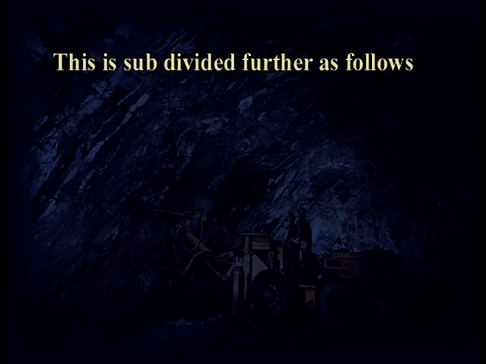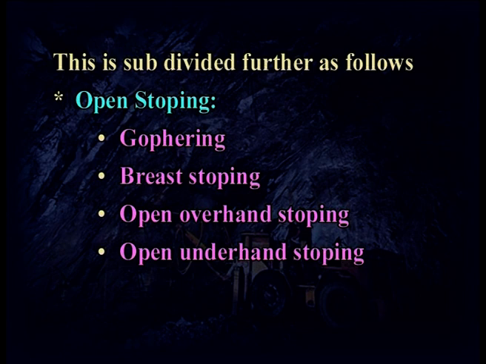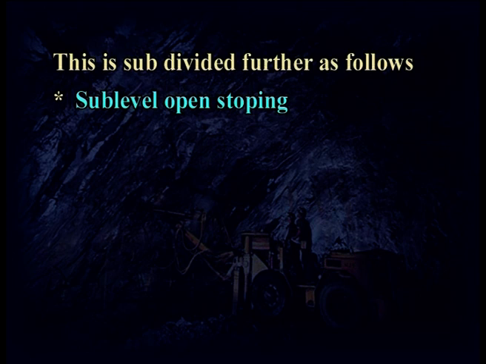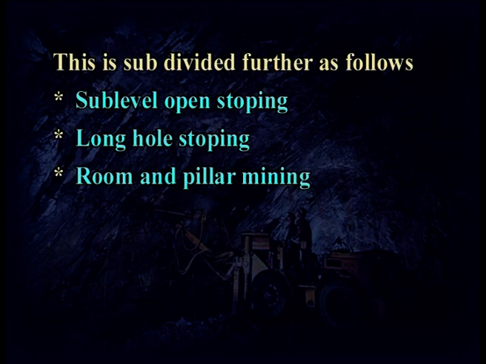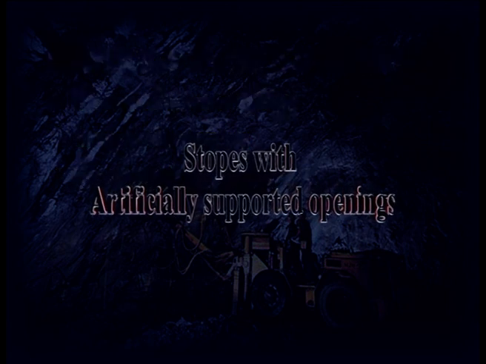First, open stoping, gophering, breast stoping, open underhand stoping, open overhand stoping. Second, sublevel open stoping. Third, long hole stoping. Fourth, room and pillar mining. B. Stopes with artificially supported openings.